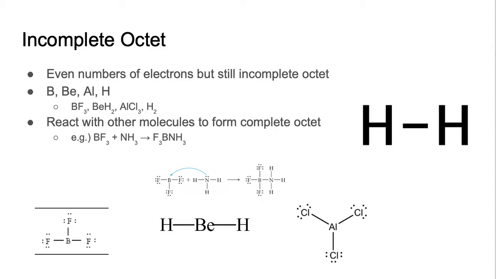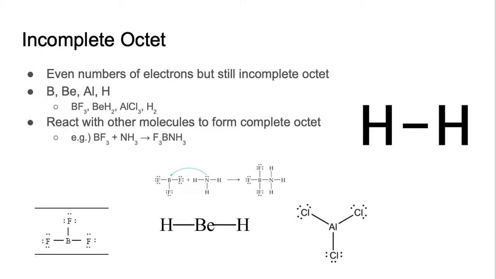The other atoms that form incomplete octets are boron, beryllium, and aluminum. You're able to observe that these atoms only form 2 or 3 bonds without additional electron pairs. This is due to their being in group 2 and 3, and due to their low number of electrons.